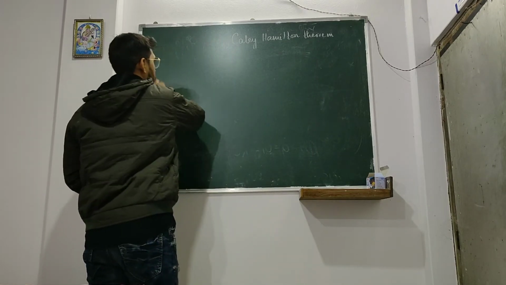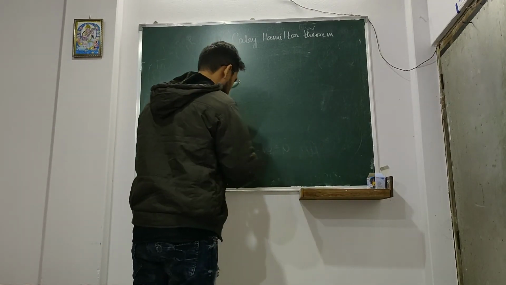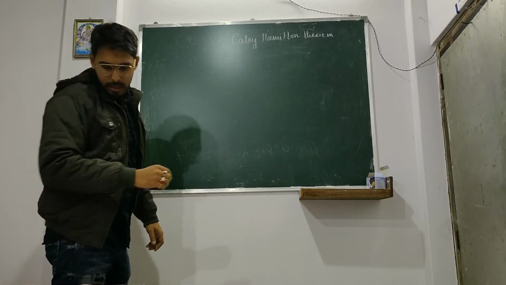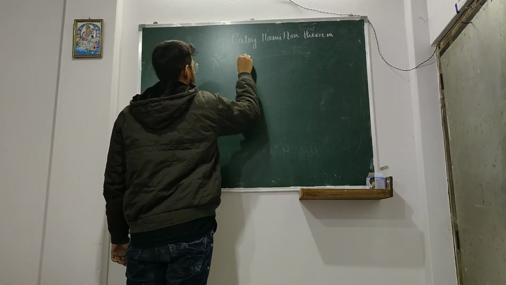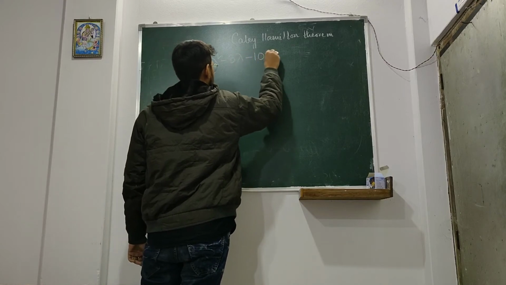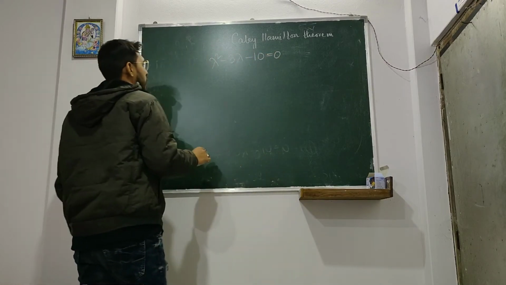So let me write equation 1 again. Equation 1 was given as lambda square minus 3 lambda minus 10 equals 0. This was equation 1.